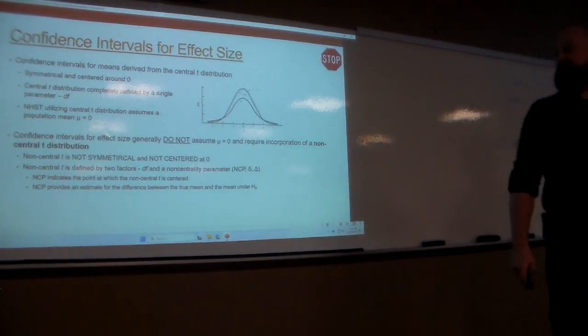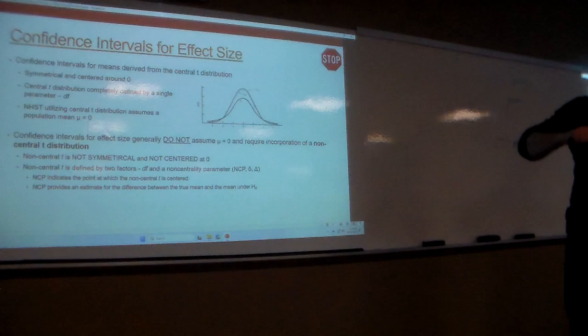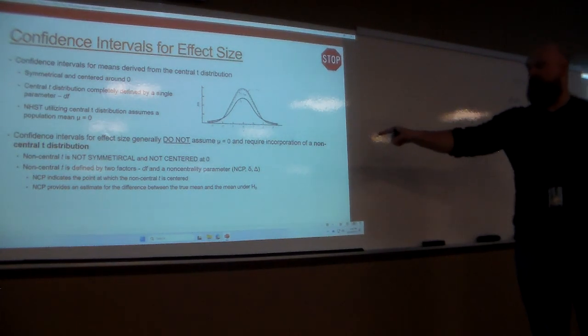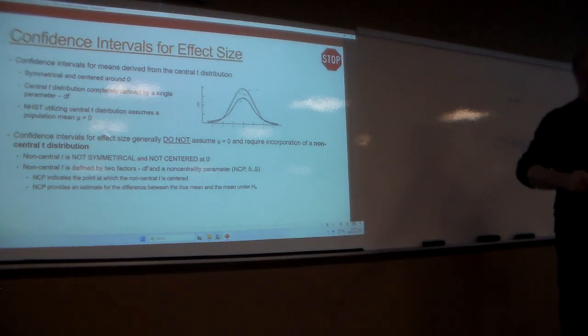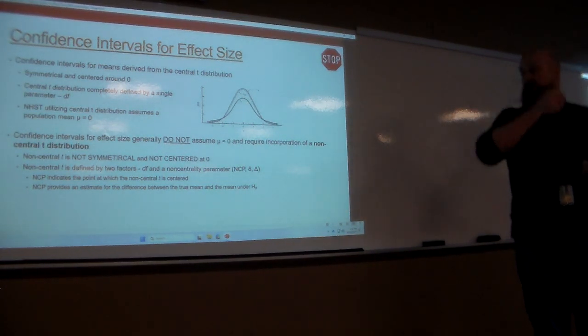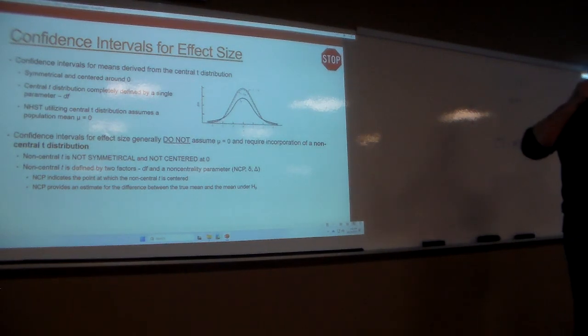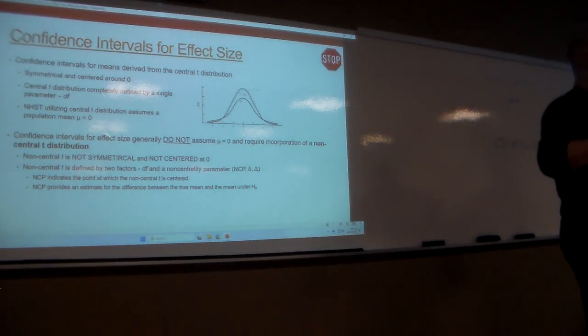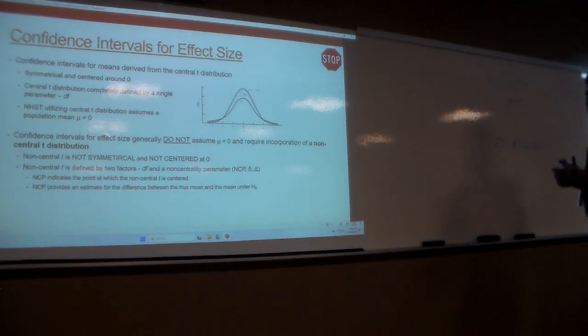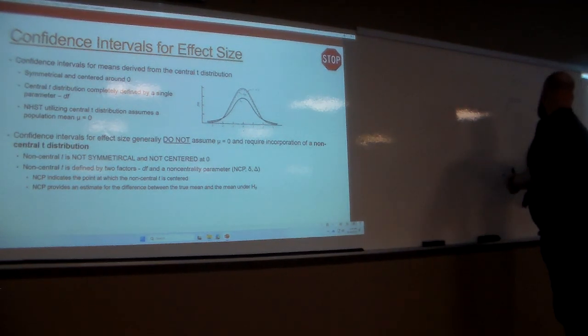The problem is that confidence intervals for my effect size don't assume a mean of 0, and so we have to go back to that non-central t distribution, right? Again, I'm not calculating effect size around effects of 0, because the very fact that I'm calculating effect size means I assume that there's an effect to be had.